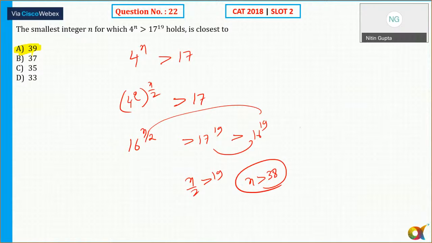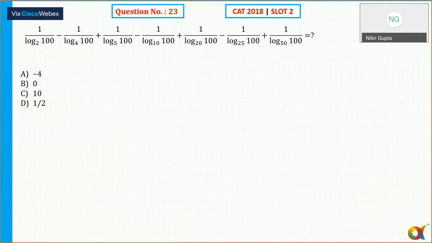Let's move to question number 23. Another very easy one. Okay, I can say this is equal to what? Log 2 by log 100, minus the second term, log 100 upon log 4. So log 4 will go in the numerator.